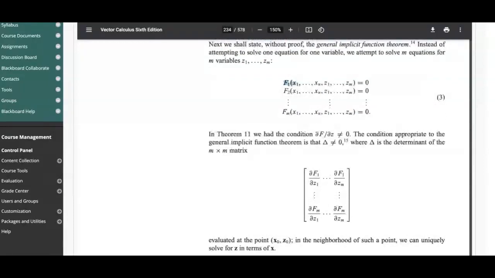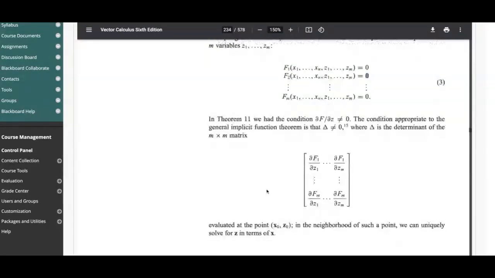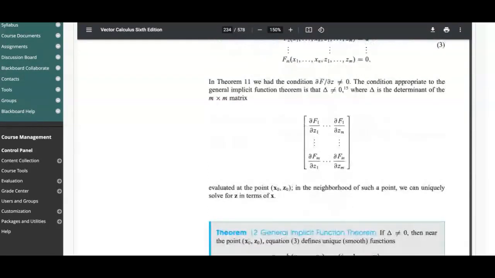And we're trying to solve f1 of all these n plus m variables, so the domain of f1 is in n plus m space, equals 0, f2 equals 0, and so on. So we have m equations, and the partial f partial z cannot be 0.